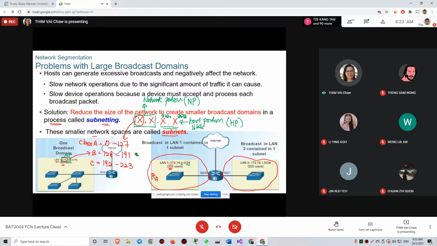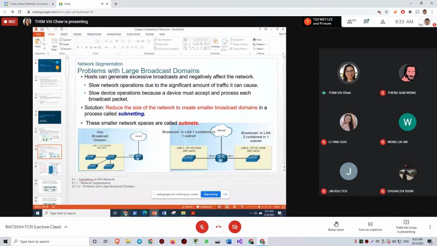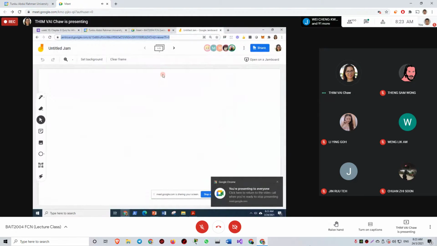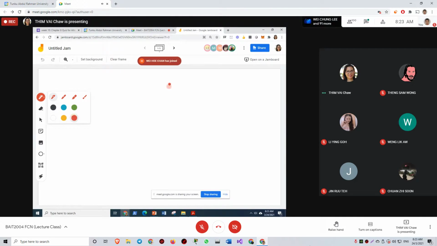And you know that 172 is classful. Under the subnetting, we have two techniques.